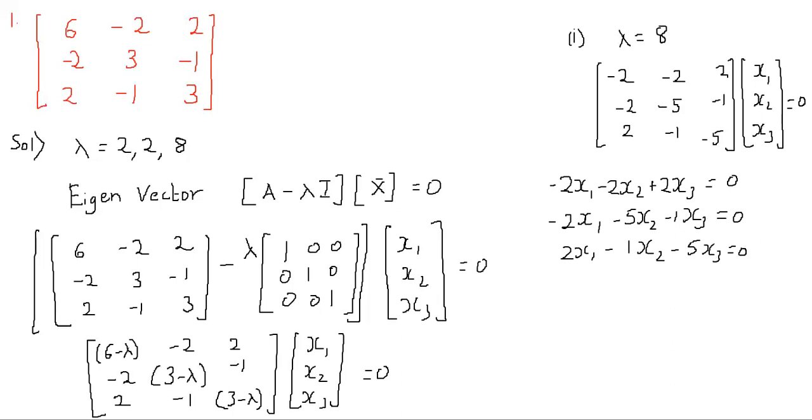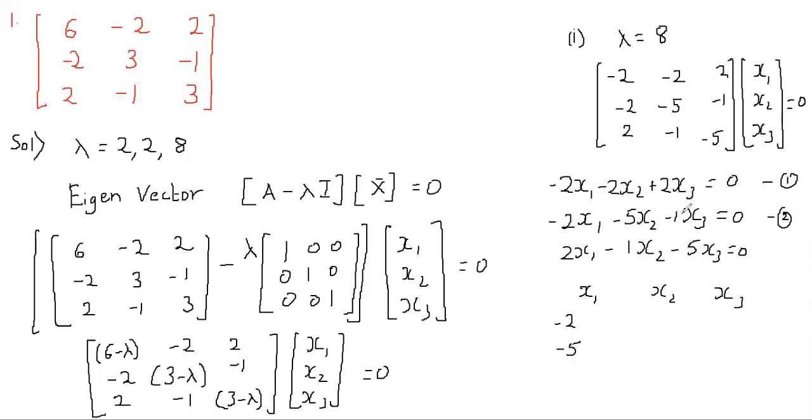So what we have to do is take two equations, the first two: equation 1 and equation 2. To find this, we write x1 x2 x3, and first write the first coefficient and the second coefficient, that is minus 2 for the first equation, minus 5 for the second equation.